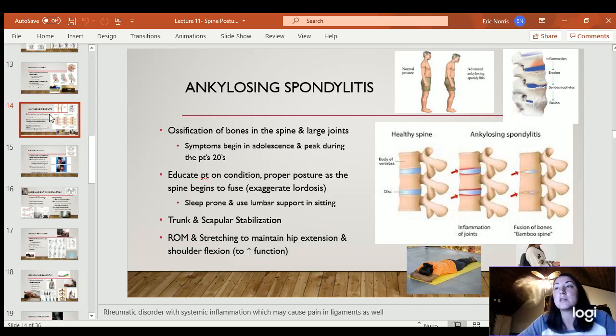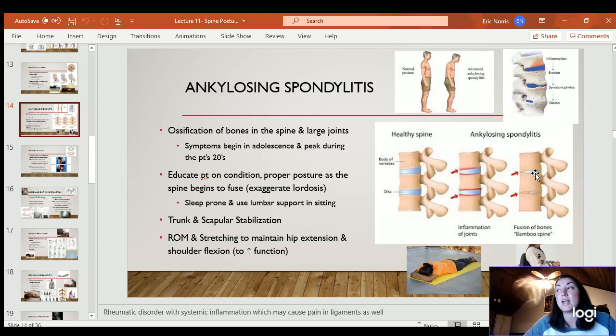All right, ankylosing spondylitis. This is actually a rheumatic disorder, so it's caused by a systemic inflammatory process. It can cause chronic inflammation of the spine, and then eventually that inflammation causes more bone to be laid down in response to that chronic inflammation, and it becomes fused together.